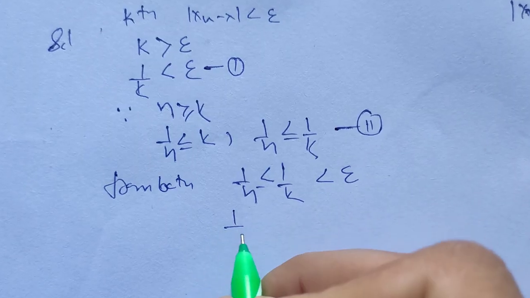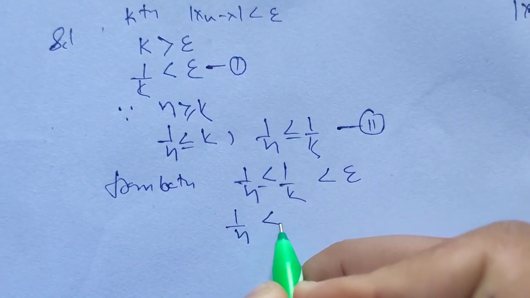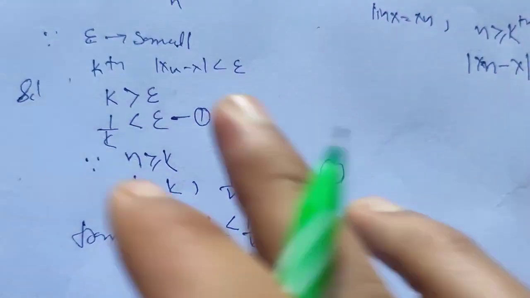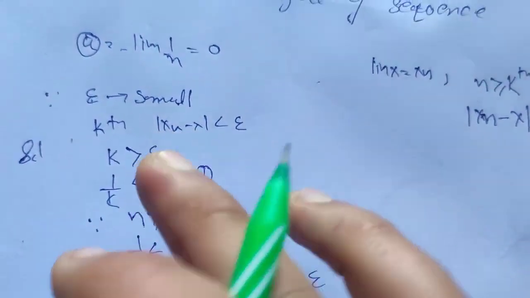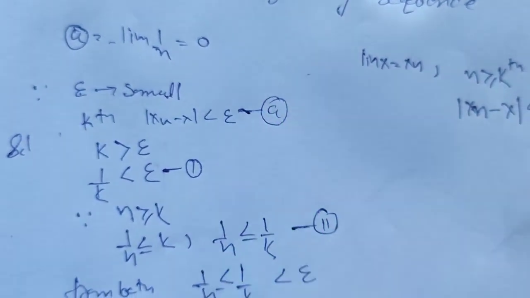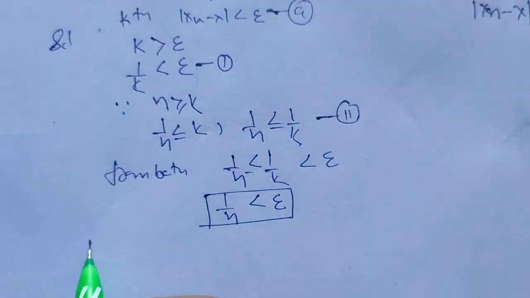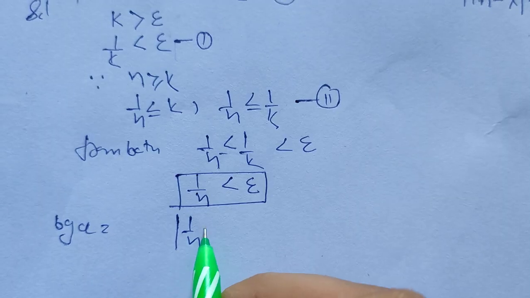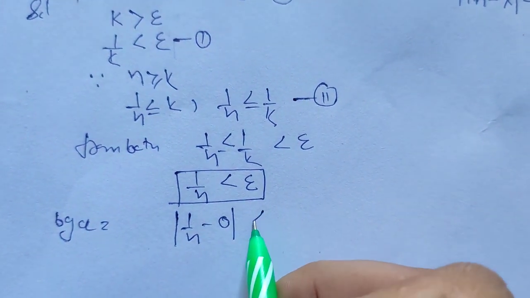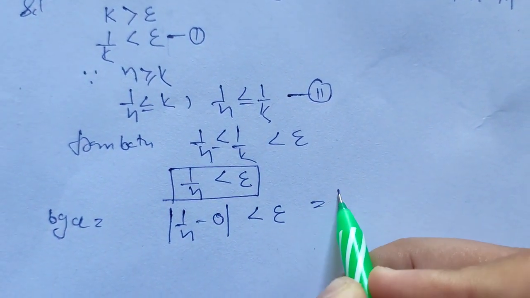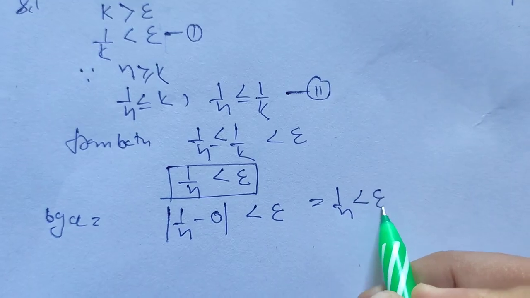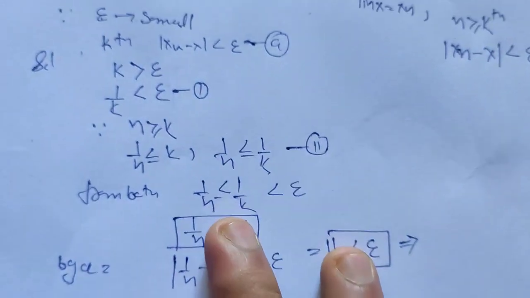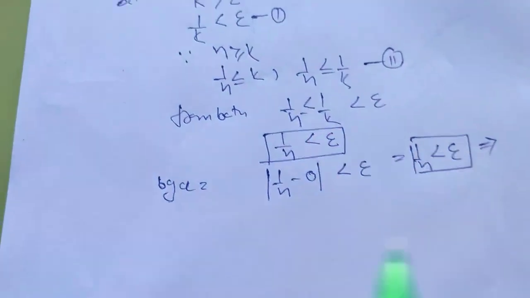From both we can say that 1 upon n is less than 1 upon k, which is less than epsilon. So 1 upon n is less than epsilon. By this proof, 1 upon n minus the final limit 0 is less than epsilon. This is what we proved.